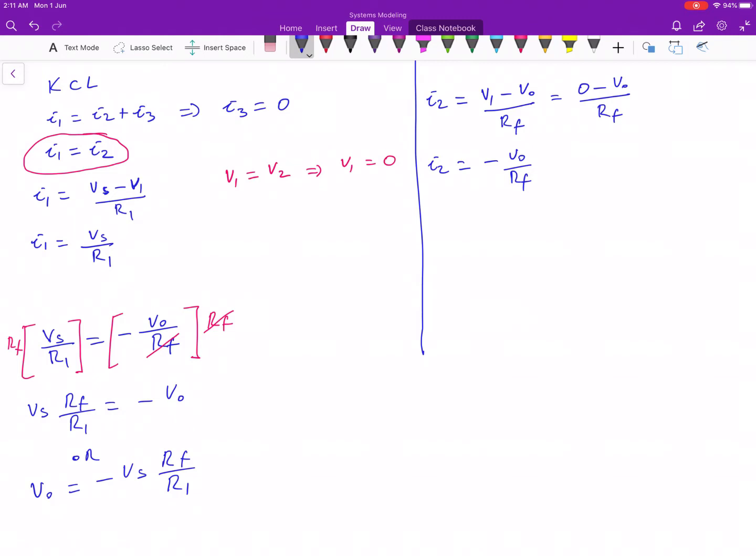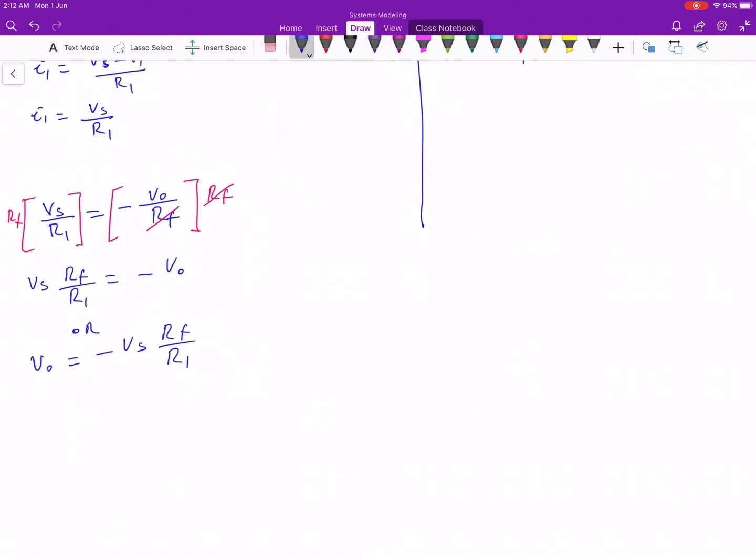But the output voltage is negative. It has been inverted. And we are going to look at that shortly. But before I do that, let me look at the transfer function, because that's what we are interested in. We want the relationship between the input and the output.